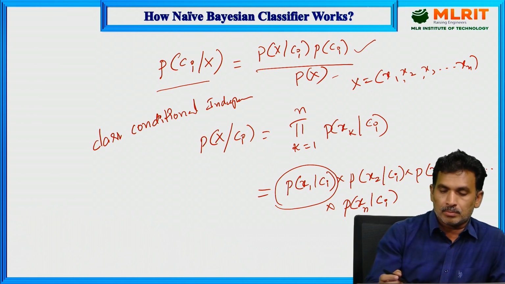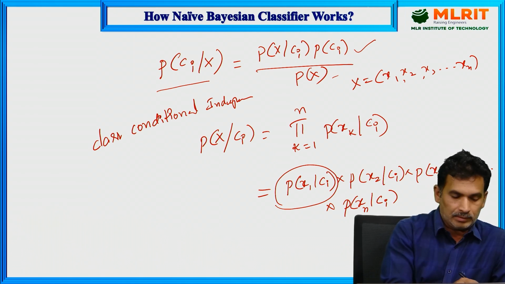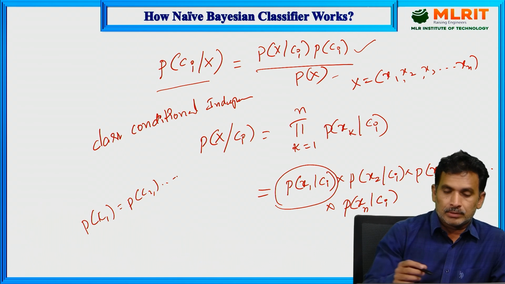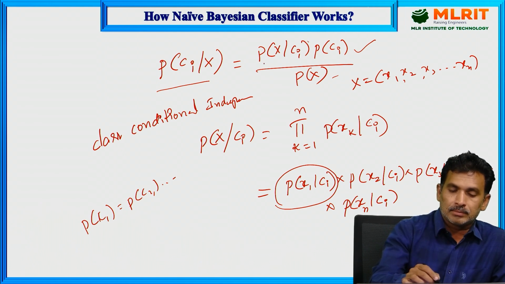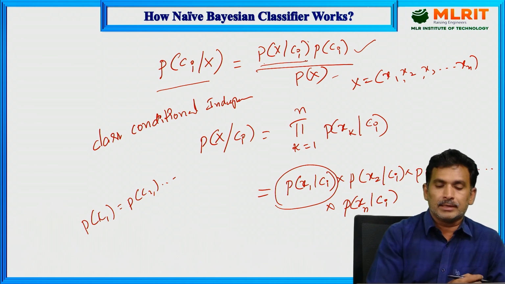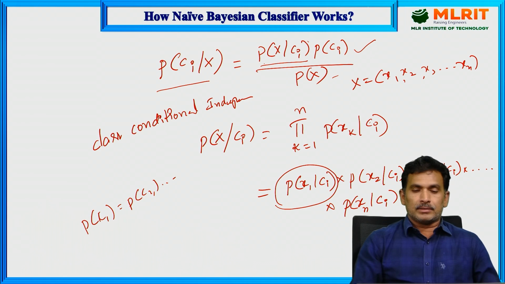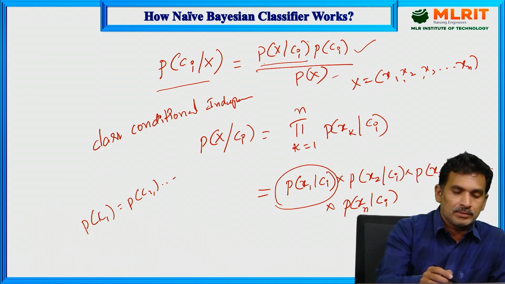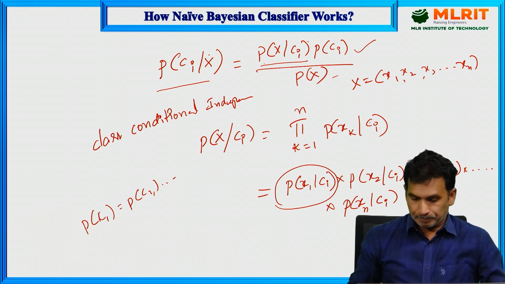So the prior probability of C1 equals probability of C2, and so on, probability of Cm. In that case, the term probability of x given Ci plays the major role to maximize this posterior probability.